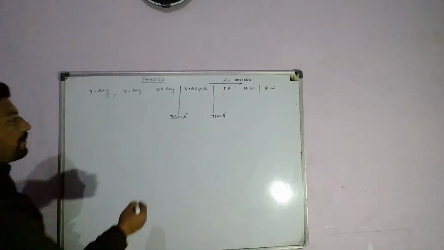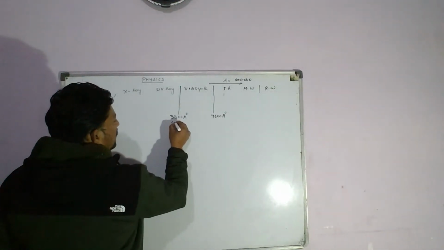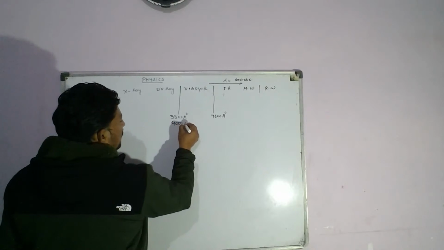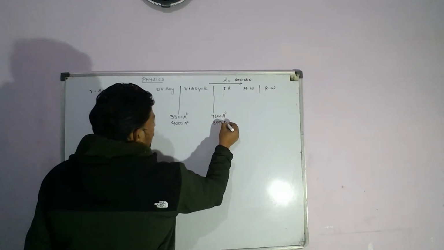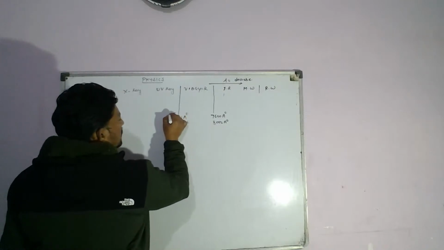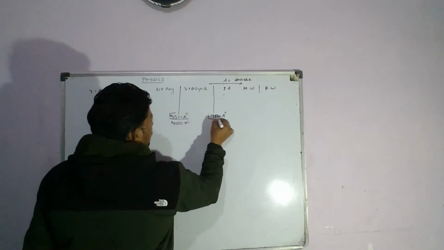This is the range of VIBGYOR. In round figures, you remember 4000 angstrom and 8000 angstrom, but exactly this is the exact value of VIBGYOR.